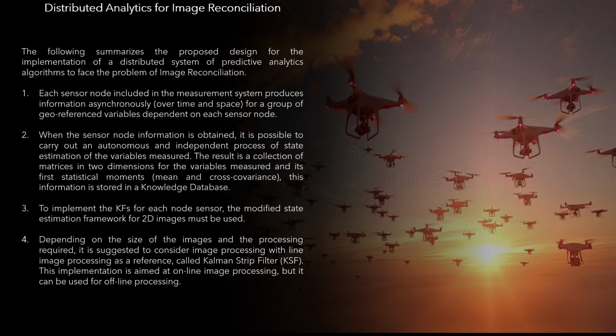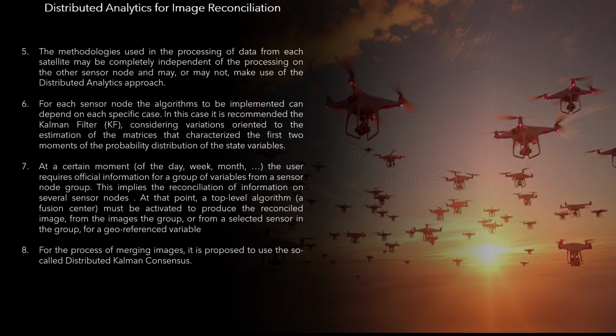Depending on the size of the images and the processing required, it is suggested to consider image processing with line image processing as a reference, called Kalman strip filter, KSF. This implementation is aimed at online image processing, but it can be used for offline processing. The methodologies used in the processing of data from each satellite may be completely independent of the processing on the other sensor node and may, or may not, make use of the distributed analytics approach.